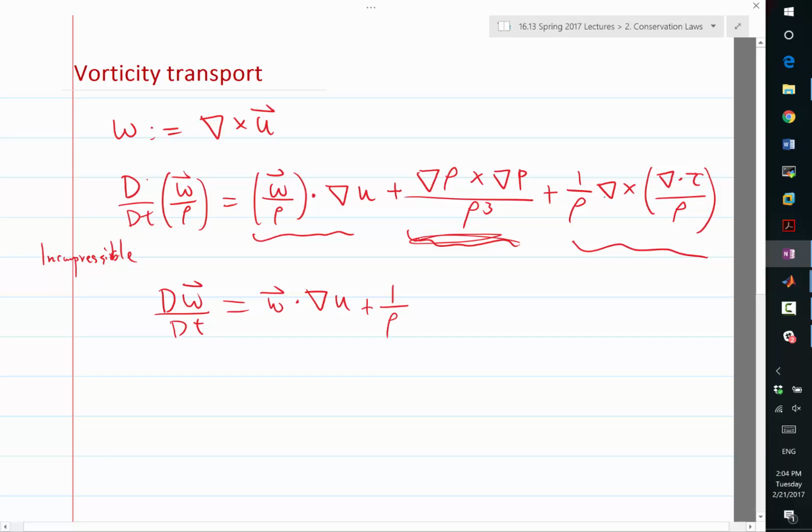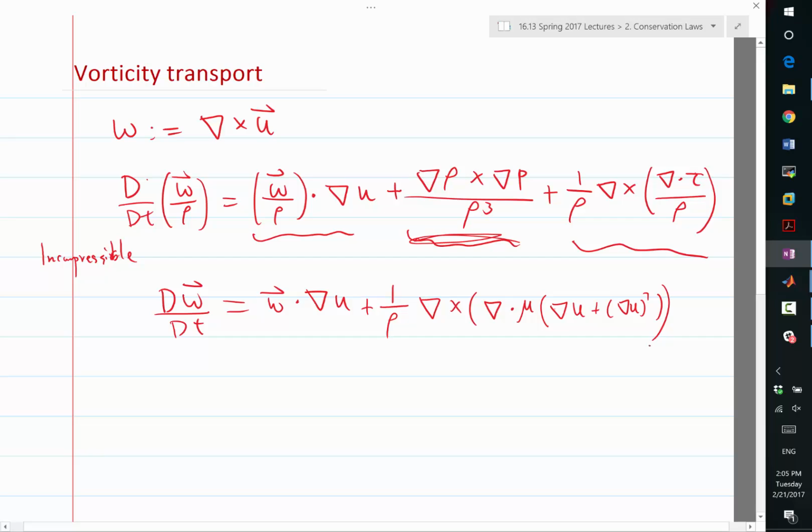So that's the curl of the divergence of the viscous stress, and the viscous stress for a Newtonian fluid is nu times grad u plus grad u transpose.